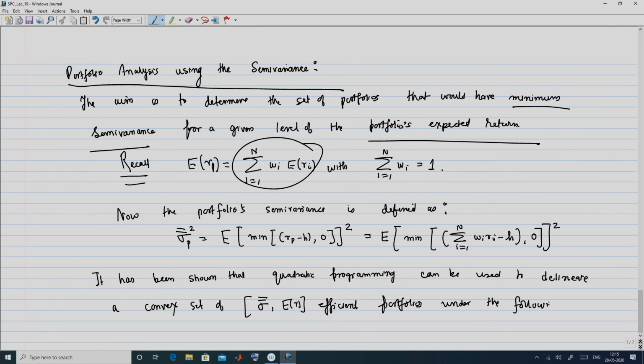So, under certain conditions you can actually get this set of efficient portfolios in the sigma double bar, ER plane. I will enumerate these conditions one by one.